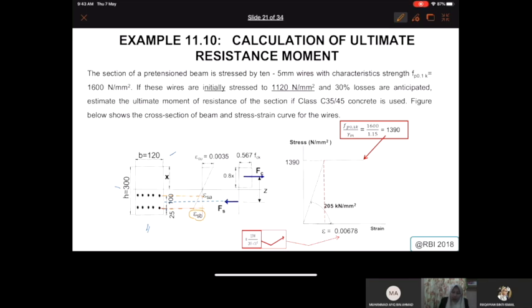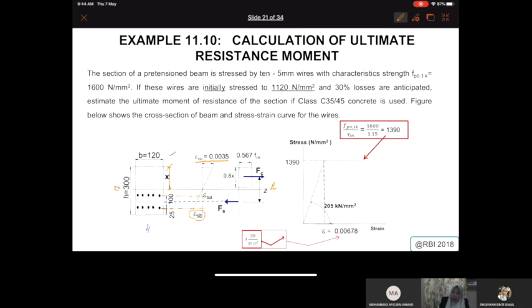Then you have the ultimate strain that we consider for concrete, because it's above the neutral axis. Say the neutral axis is somewhere here, above the neutral axis with x equal to this point. We take it above as the compression side, and the maximum concrete strain is equal to 0.0035.